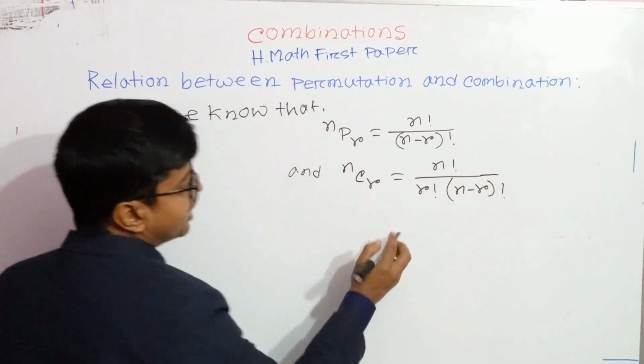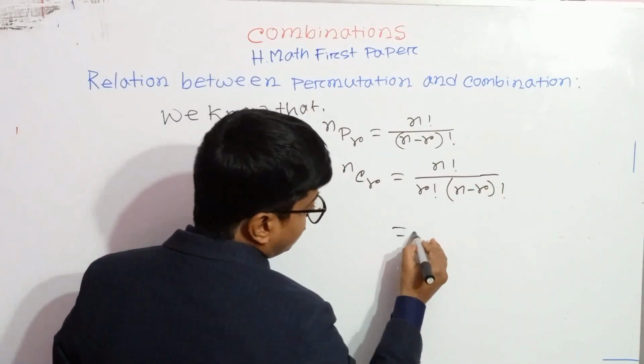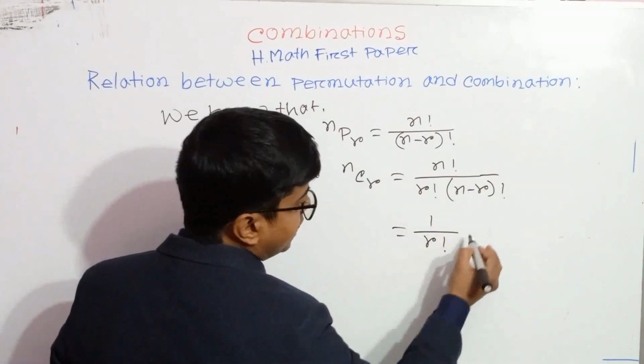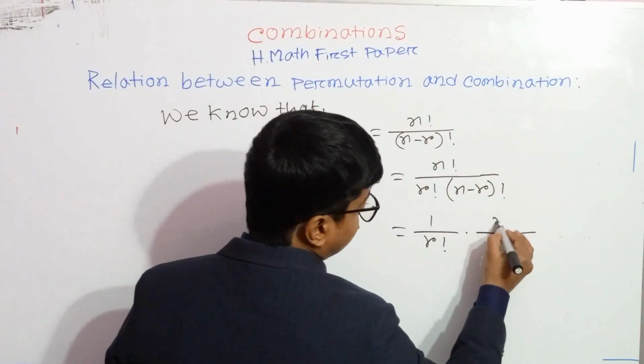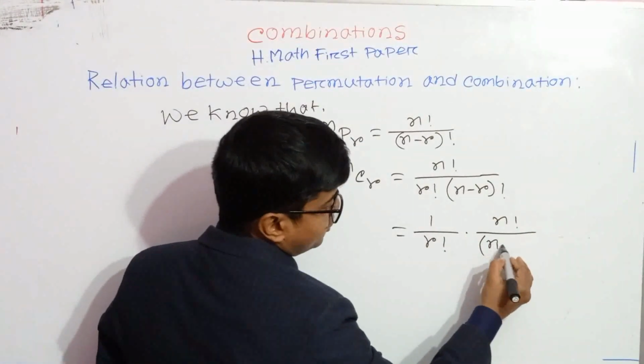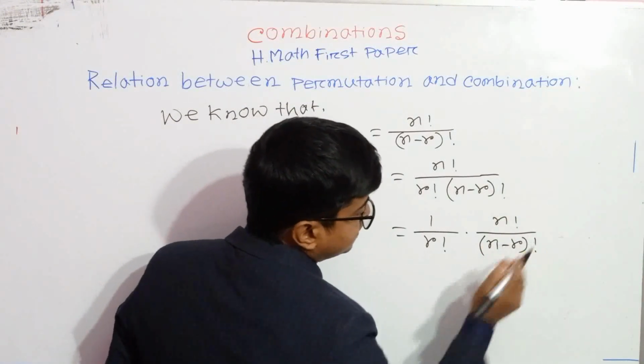Look at this. Here we can write 1 by factorial r into factorial n by factorial n minus r.